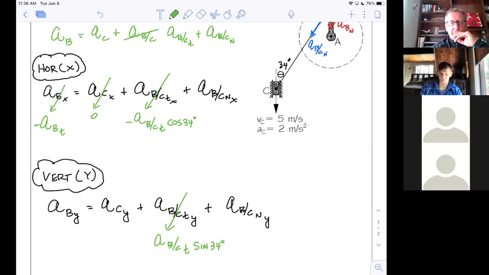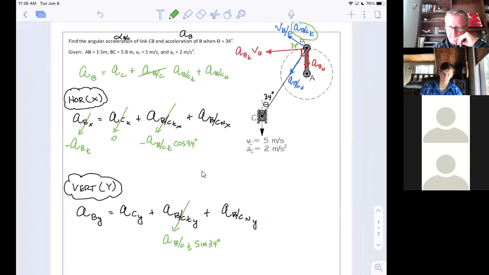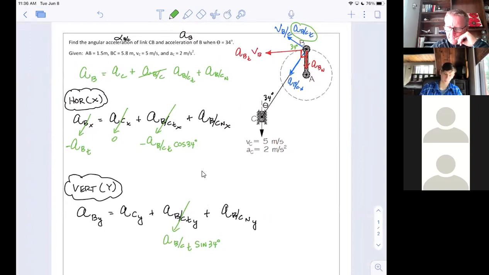Also, the acceleration of B in the Y, because of how we're oriented, would just be the normal acceleration of B, right? Good question. No, they're not the same. They're not the same answer, but it is going in the same direction. And notice that would be up.